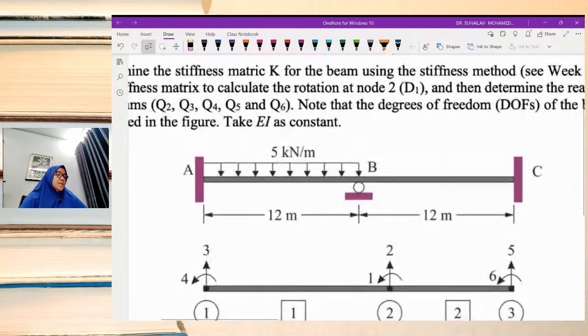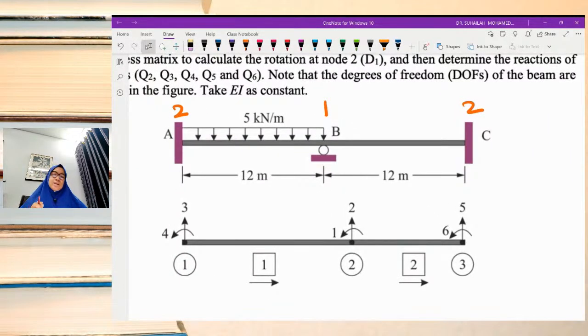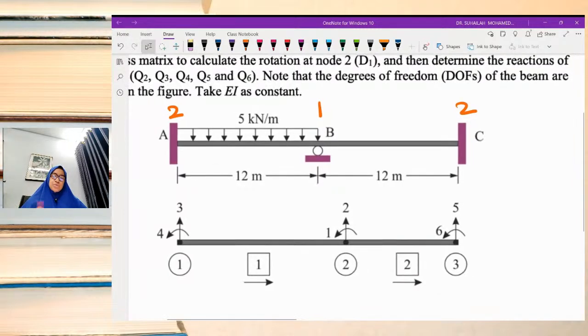So we only count 2, 1, and 2. And we have another 1 belonging to the unconstrained system. That is rotation.